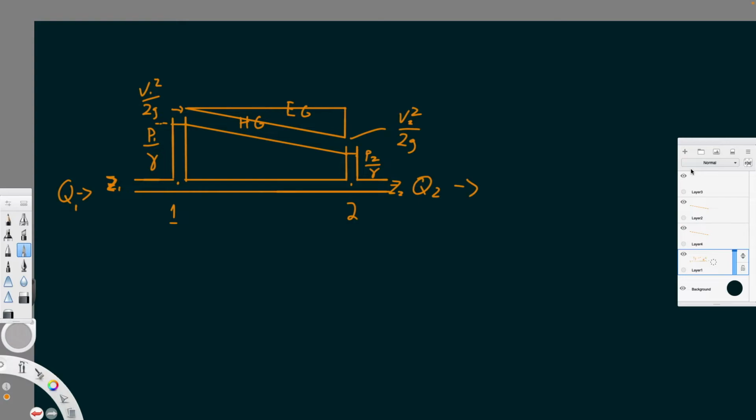Now, one last piece, and I apologize because these are all on top of each other here. In this case, because we have consistent velocity, and we'll talk about that in a minute, the energy gradient and head gradient are going to be parallel, right? So it doesn't really matter which one you use.